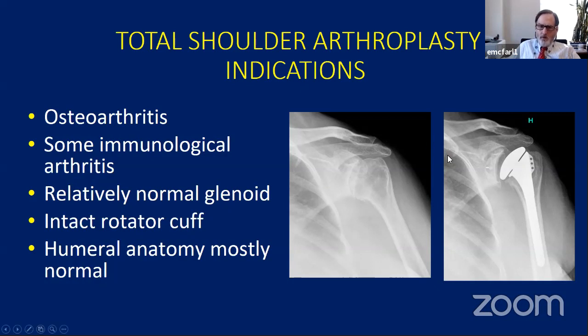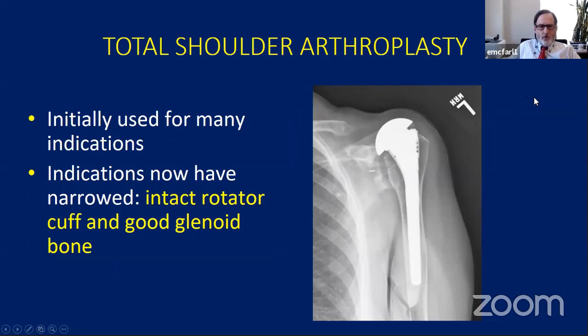And you also have to have normal humeral anatomy. In other words, trying to do a total shoulder in somebody who has a malunited proximal humerus fracture is probably not a good idea, because they almost never have normal rotator cuff function. So the indications for total shoulder arthroplasty have largely narrowed now to patients who have an intact rotator cuff and have good glenoid bone.